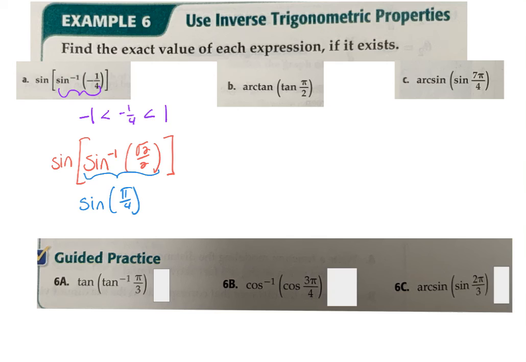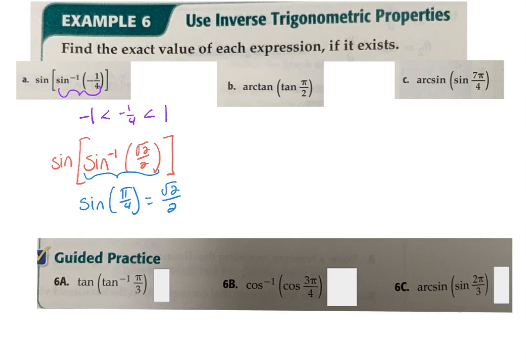What's the sine of pi over 4? It's not a trick question. The y value of pi over 4. The sine value of pi over 4 is square root of 2 over 2. All right, yes. So that's what they are telling you. They are saying if what's inside is within your range, then taking the inverse of the trig function will just yield what was on the inside.